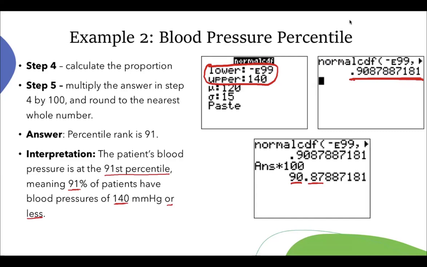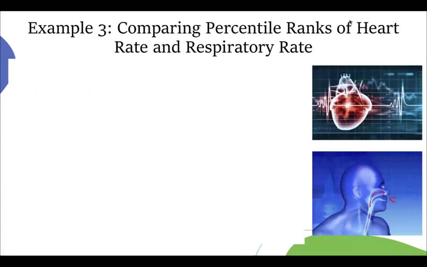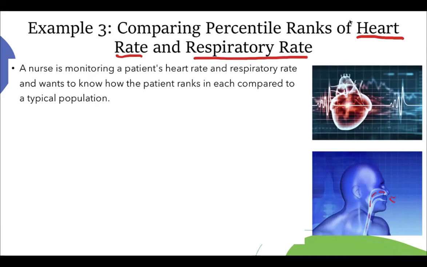Okay. The last question we're going to do with percentiles involves comparing two different distributions. We're going to be comparing heart rate and respiratory rate. We want to know how the patient ranks in each compared to a typical population.